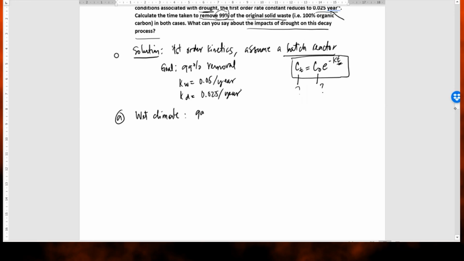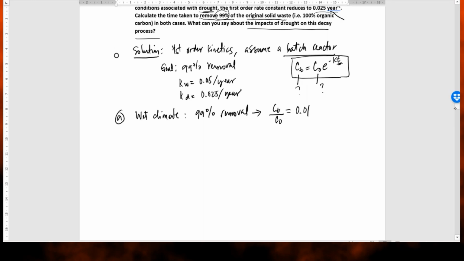So 99% removal. What is the relationship between C sub T and C naught? If we have 99% removal, based on the previous solutions, this ratio should be 0.01, right? 100 minus 99% is 1%, so that's 0.01.